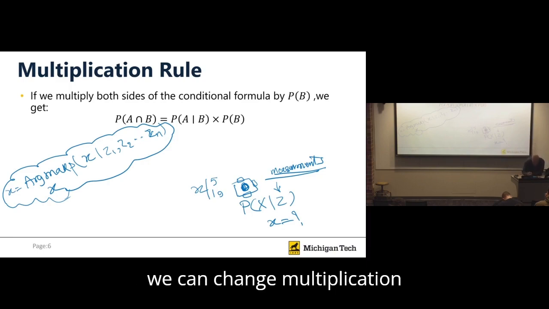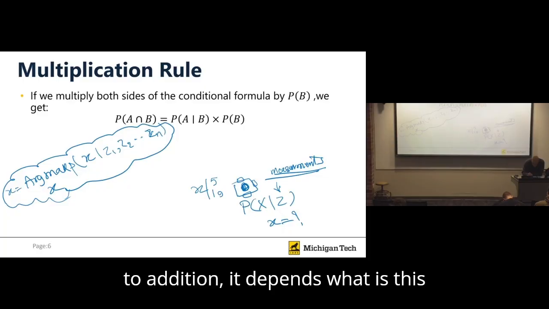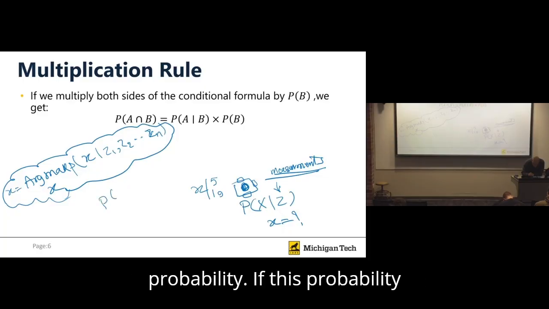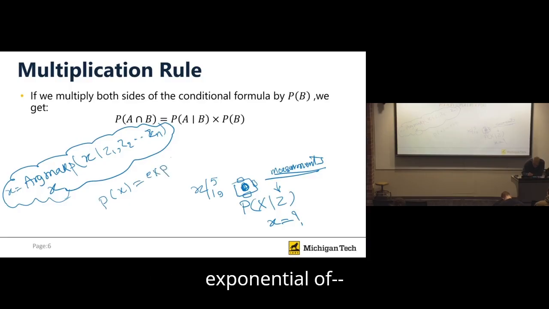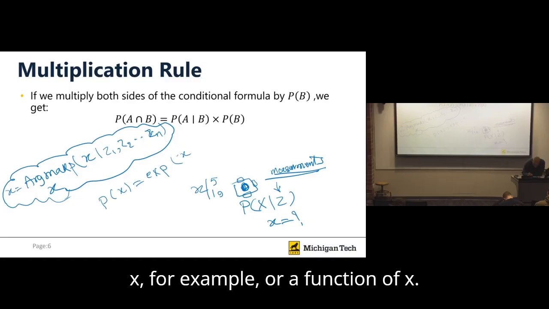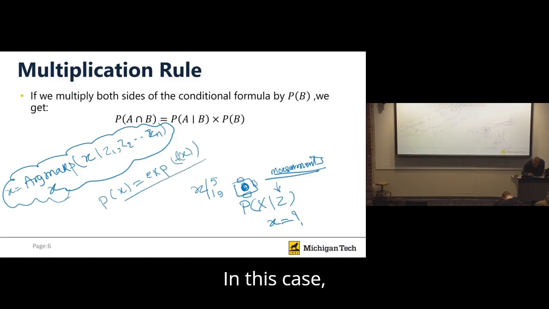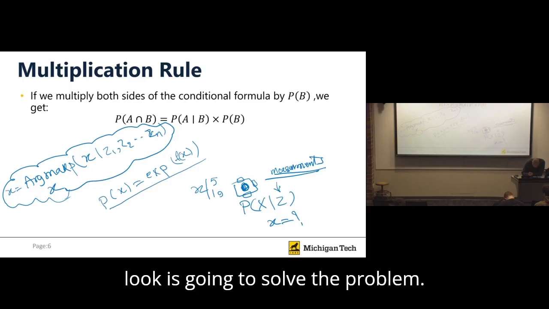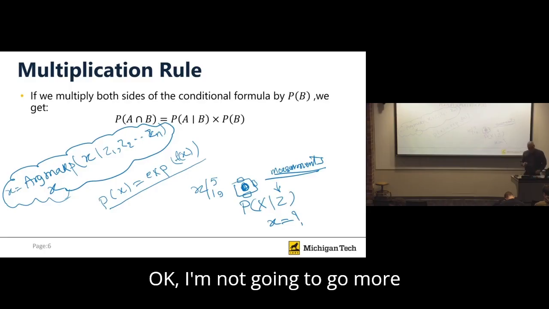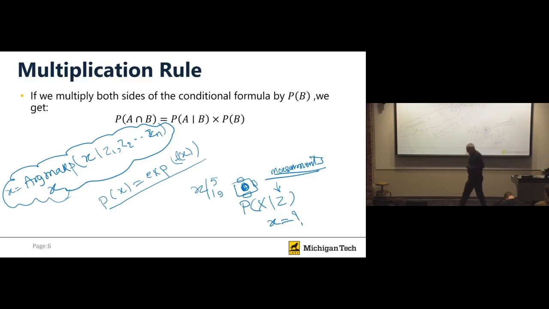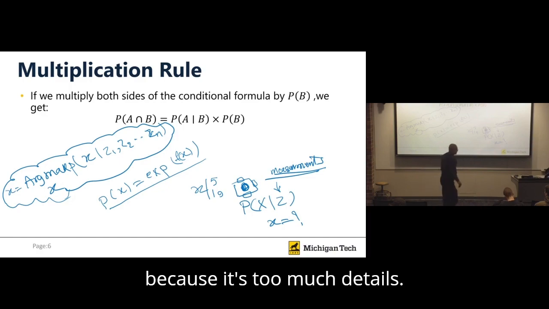But how we can change multiplication to addition depends on what this probability is. If this probability is from an exponential family, like exponential of X or a function of X, in this case log is going to solve the problem. I'm not going to go more because it's too much detail.